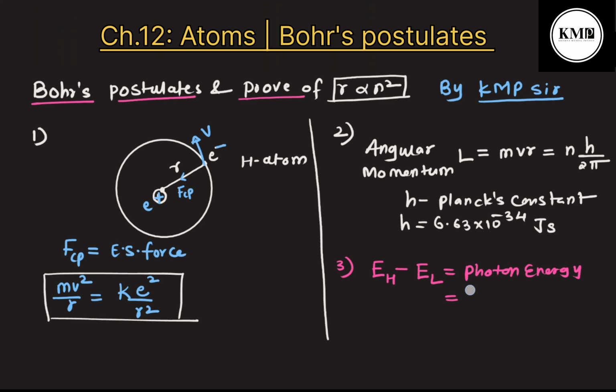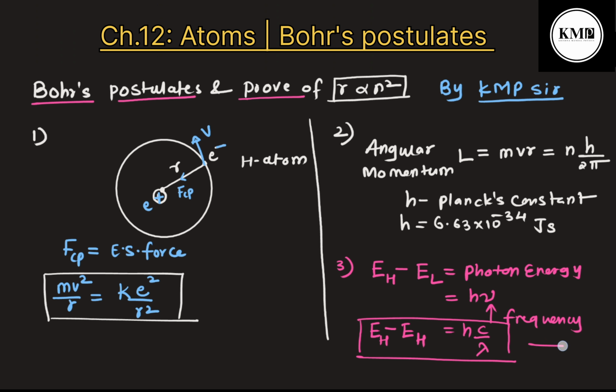And photon energy is given by the equation h nu, where nu is the frequency of the light, and this could be an emitted frequency or an absorbed frequency. Also h nu can be written as hc by lambda. So energy of higher orbit minus energy of lower orbit gives you the equation hc by lambda. This is Bohr's third postulate.